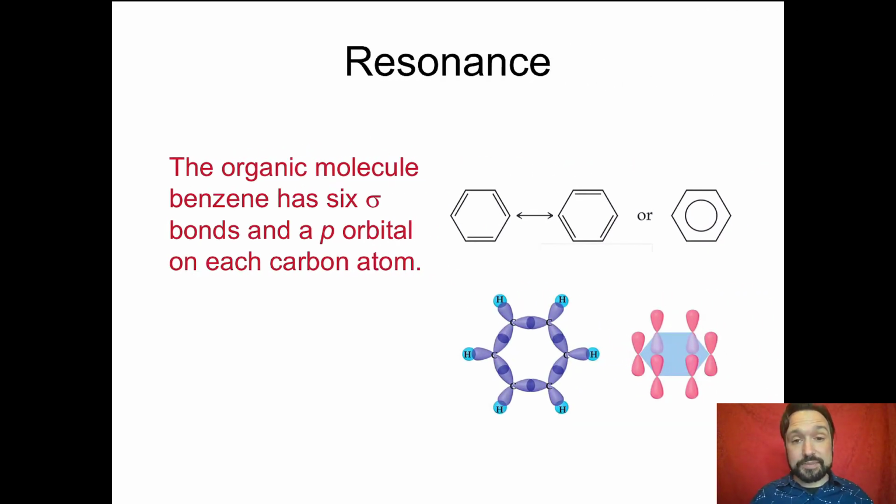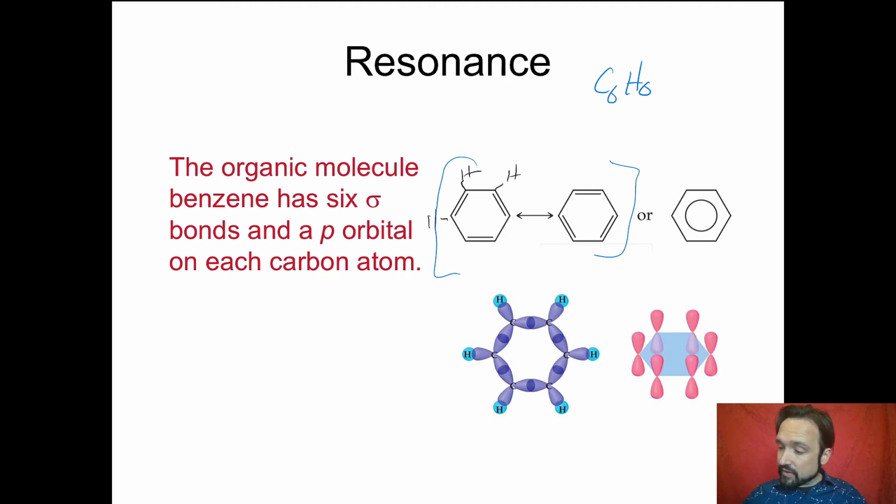Another really good example of this is benzene. Now benzene as an organic molecule is C6H6. And what we don't see in this structure here are the hydrogens that are coming off of each of these vertices, which are representing a carbon. And we can see that we have 2 resonance structures where all I do is rotate these double bonds around the circle, which is sometimes why you'll see benzene drawn as a hexagon with a circle in the middle.